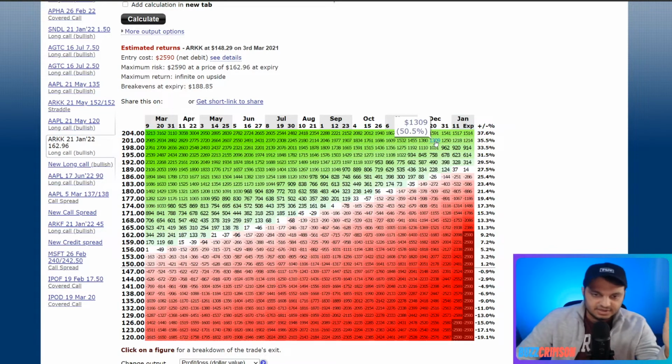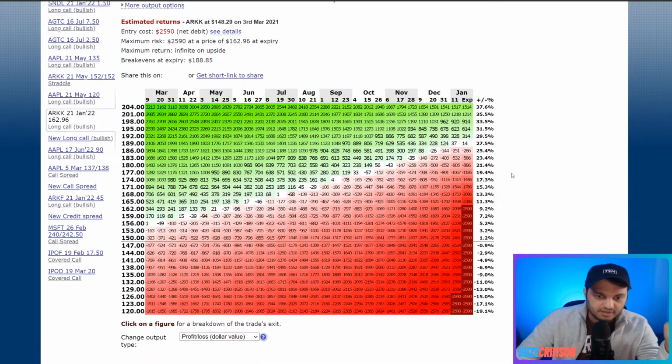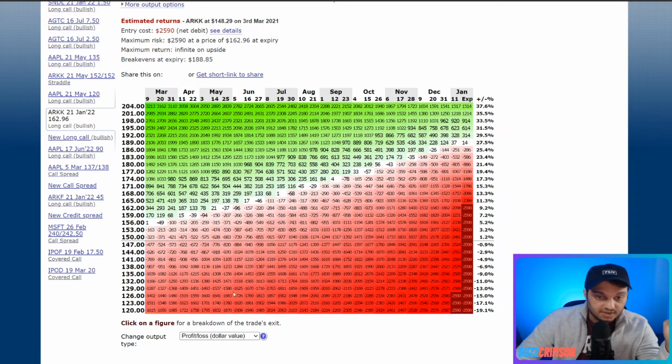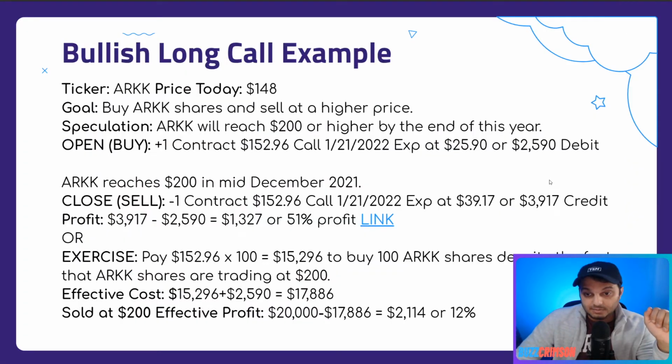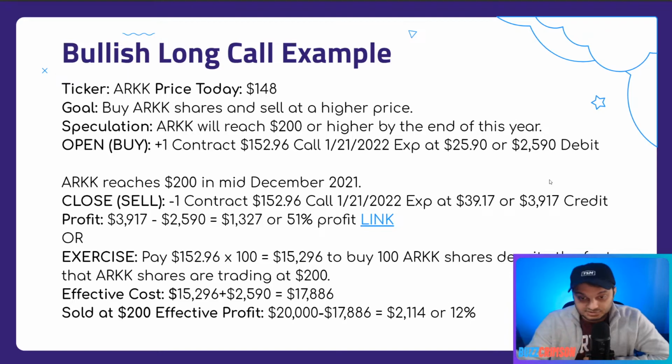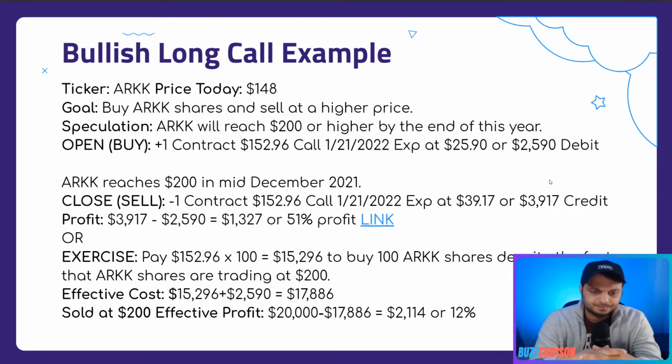It was about $1,309 profit. But when you look at the option spread value right here, it was about $39. And how much did I pay? I paid $25.90. So it increased in value because it was in the money. I sold it and I captured the profit.